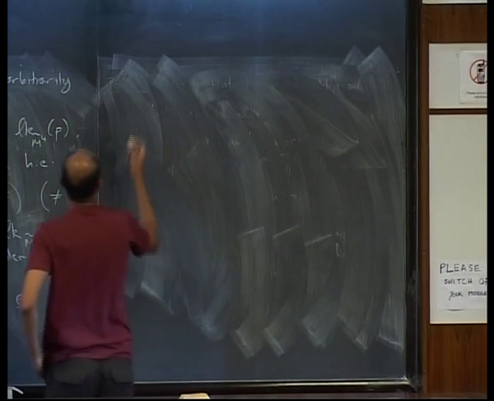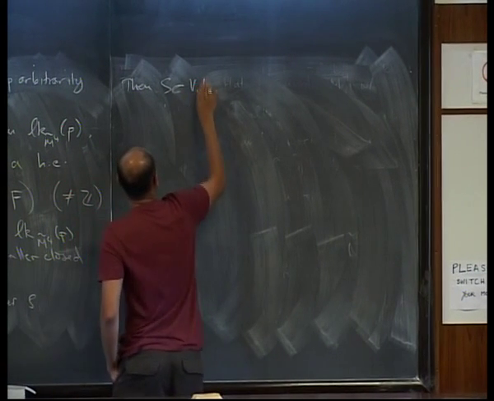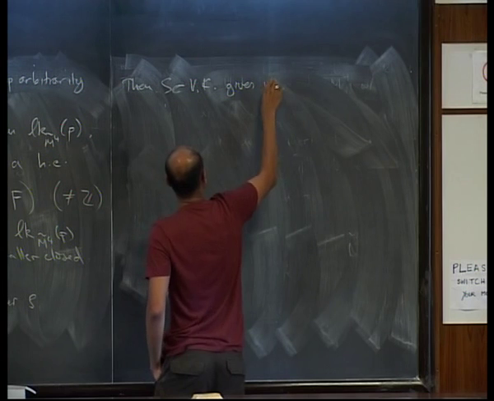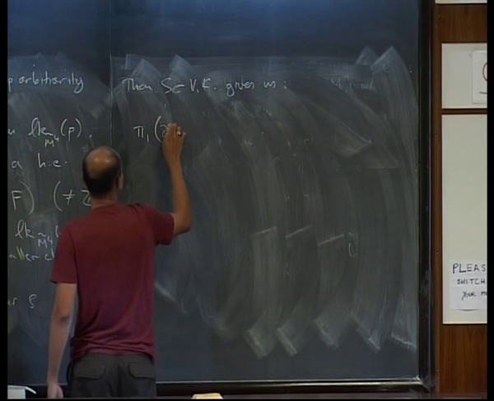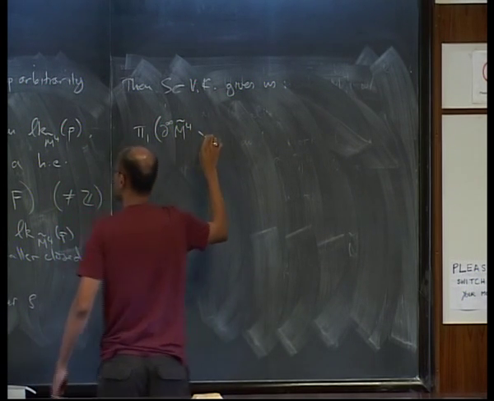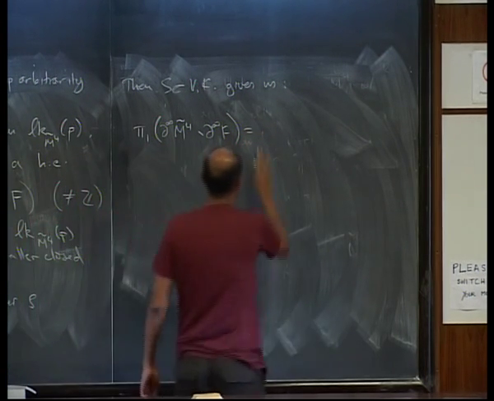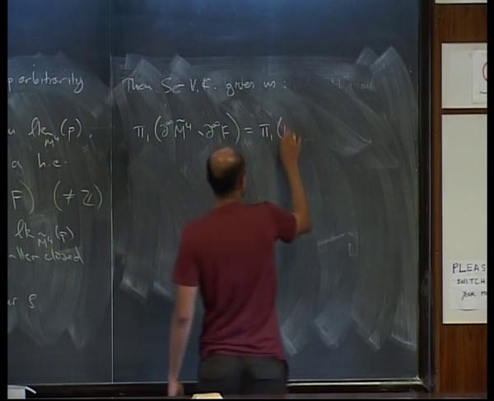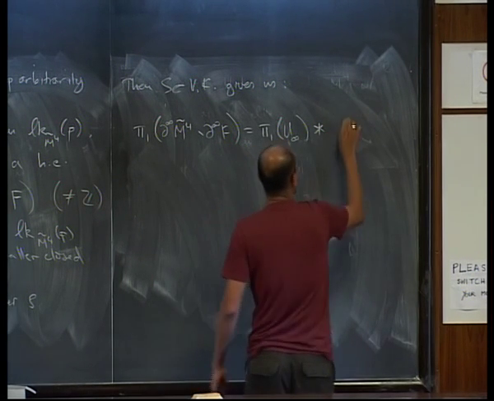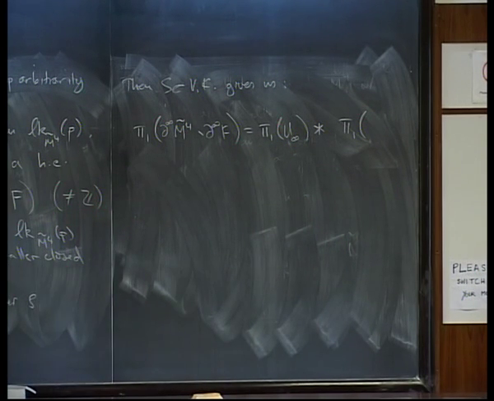Seifert-Van Kampen gives us that the pi 1 of this gadget we're interested in, the boundary at infinity of M4 tilde minus the boundary at infinity of F, is given by pi 1 of U infinity amalgamated with pi 1 of V infinity minus the boundary at infinity of F, since V was the complement of a smaller closed neighborhood of the knot, so there we want to throw away the boundary at infinity of the knot.